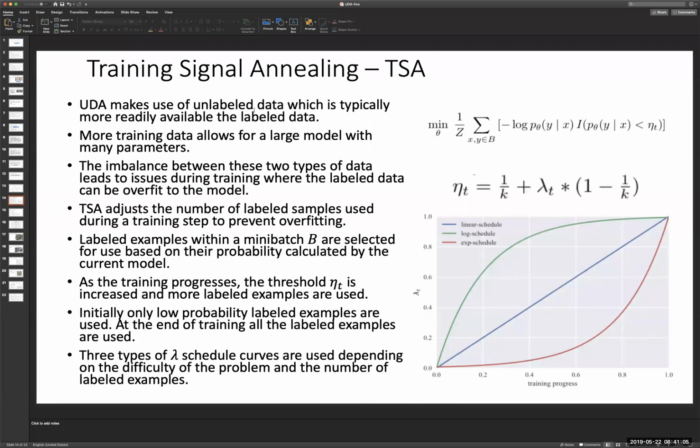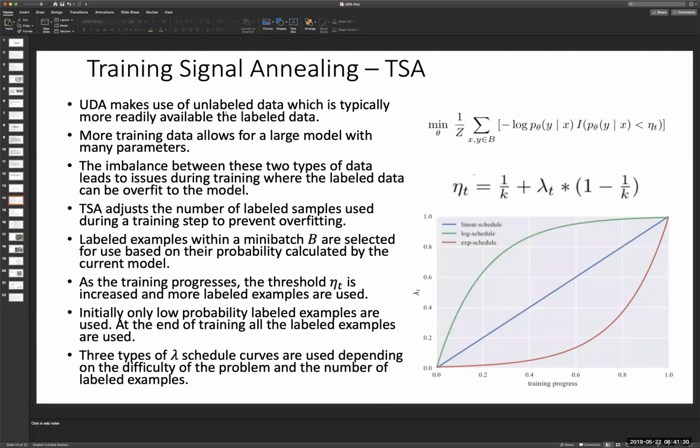And I'll just go through this quickly, but the authors of the paper developed another technique of training, signal annealing, TSA. And that makes up for issues with the imbalance between labeled and unlabeled data. It compensates for that.